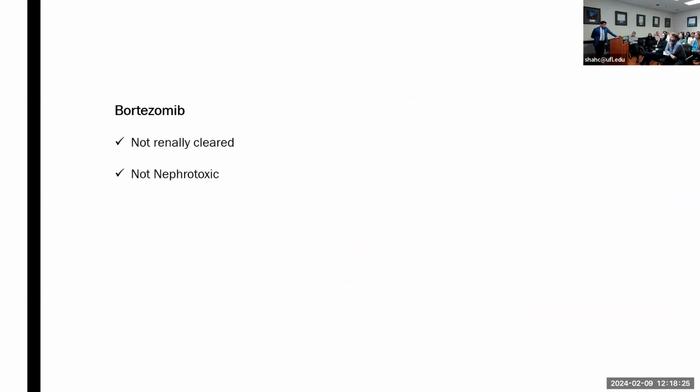Bortezomib is not renally cleared, and it is not nephrotoxic. There was a recent significant debate about whether bortezomib is associated with nephrotoxicity, but the conclusion is that it is not a significantly nephrotoxic therapy. In all the prospective randomized controlled trials using bortezomib versus placebo, in addition to traditional chemotherapy, the rate of AKI was not higher.